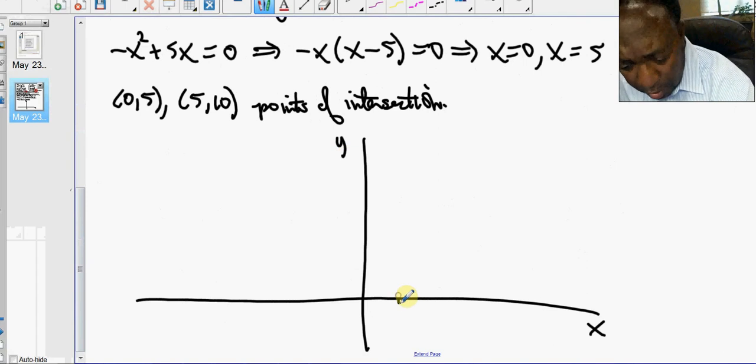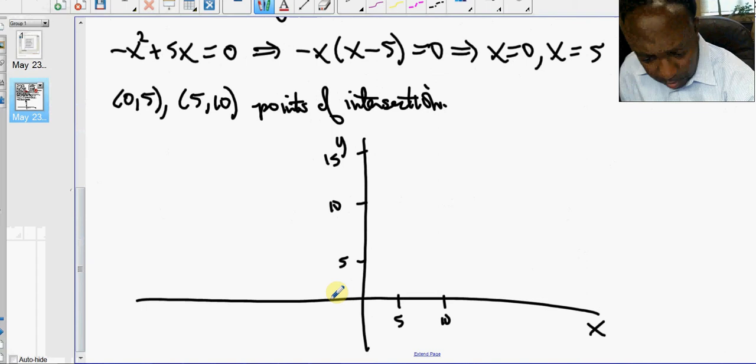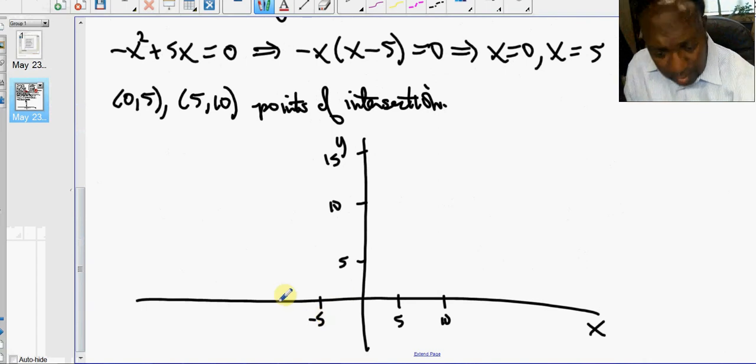Let's say this is 5, 10, 5, 10, 15, negative 10 for consistency.